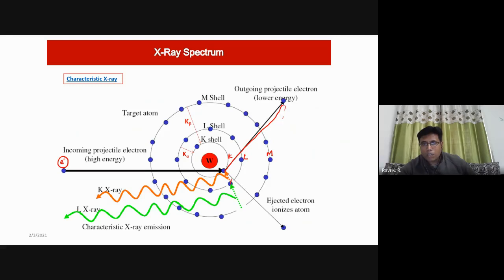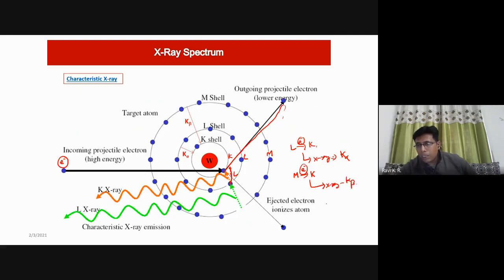So an electron from the L shell will move from L to K. In that process, you see an X-ray, and that energy is K alpha. Instead, suppose an electron from the M shell moves to the K shell to fill the vacant site. Then an X-ray will be generated, and that will be K beta.